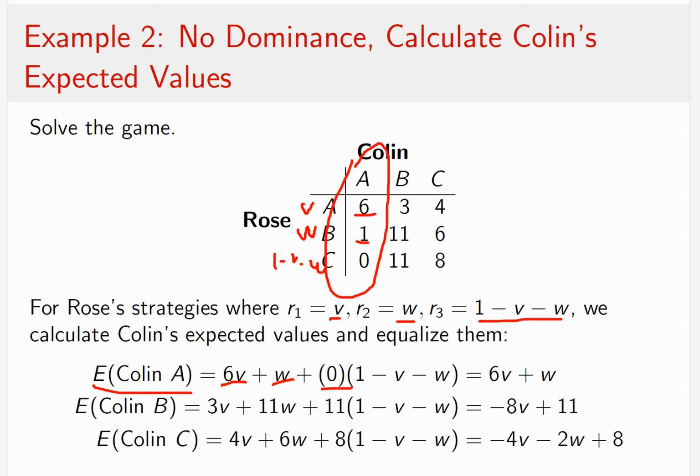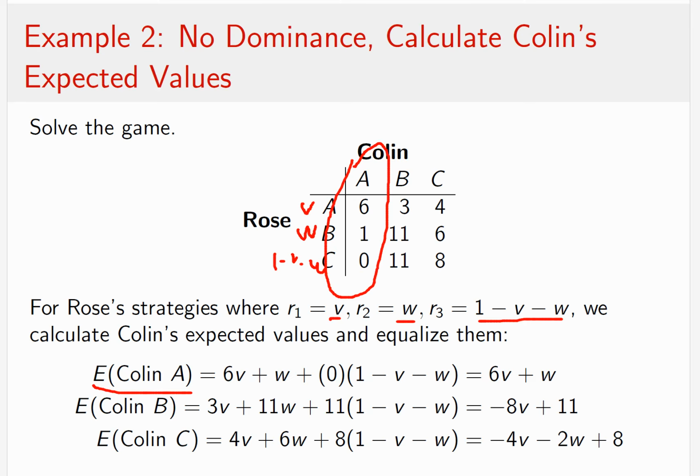And then the outcome is 0, and it doesn't really matter what this is, since 0 times anything is 0, and we end up with 6V plus W. That's the expected value of column A. And we don't know at the moment what Rose's optimal strategy set is. We're just saying that when we know it, we can calculate Colin's expected value.